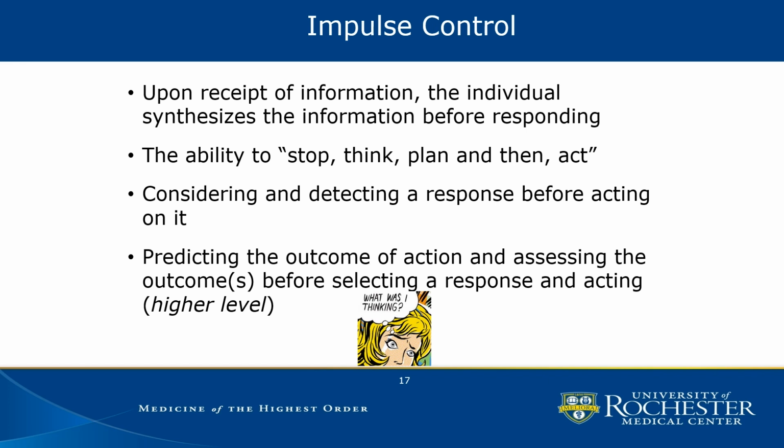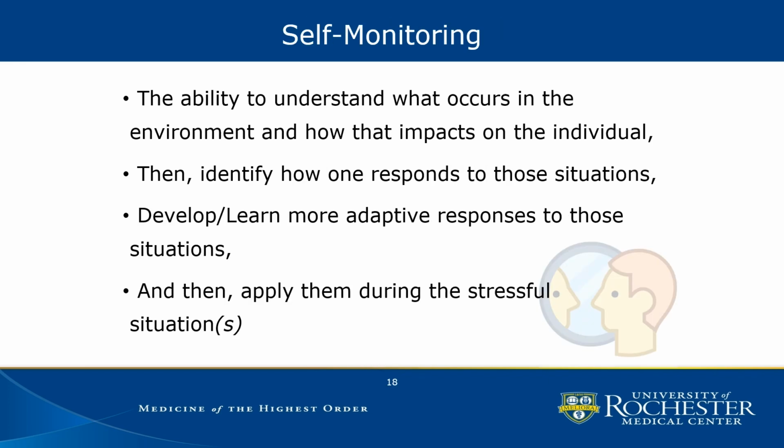Executive function skills are all connected to the individual's ability to monitor oneself and modulate reaction. Contemplate and foresee the outcome of one's actions before actually acting on them, even in stressful moments, as well as the ability to take the perspective of others and understand and recognize how one's own actions could impact on someone else.